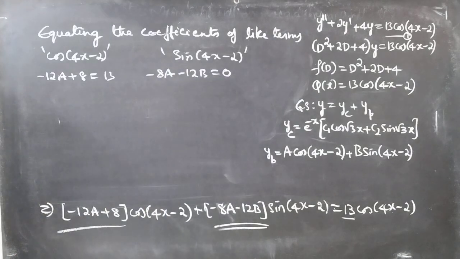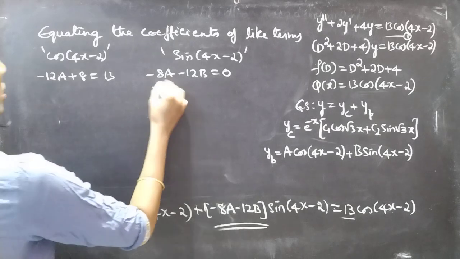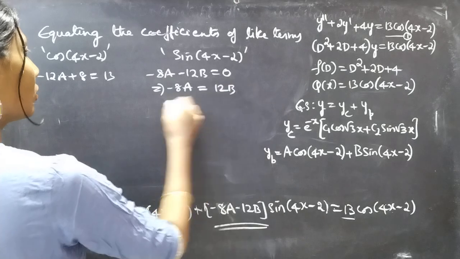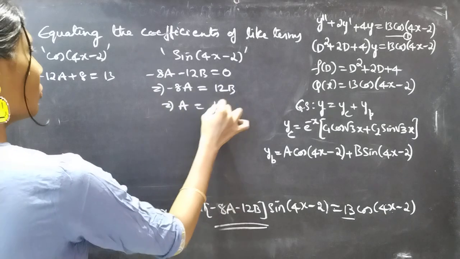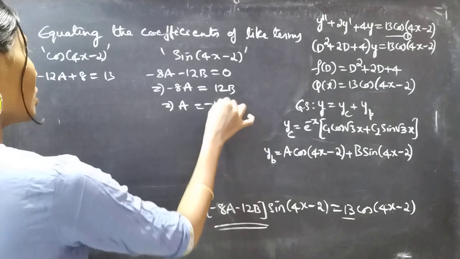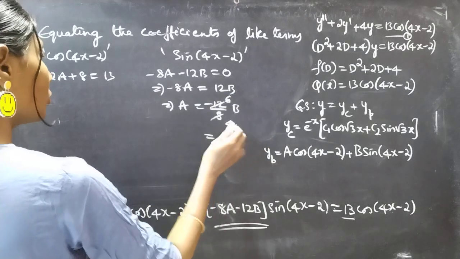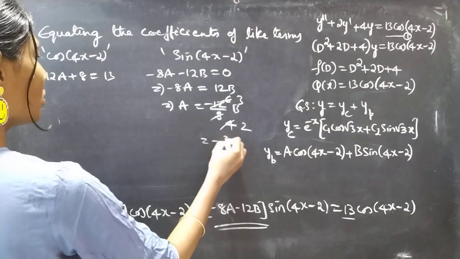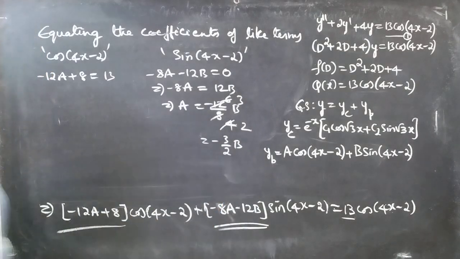Okay. Or we can write this as minus 8a equal to 12b, then a equal to minus 12 by 8 into b. 2 4s are 8, 2 6s are 12, so a equal to minus 3 by 2 b.